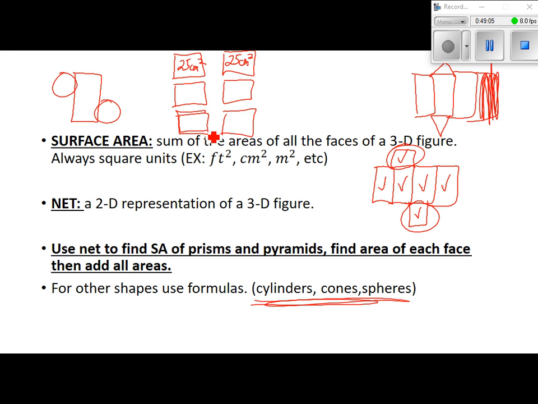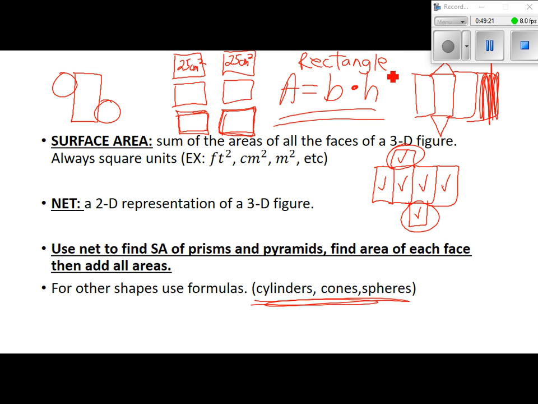What shape is each one of these? Rectangles. And the formula for area of a rectangle is base times height. You might want to write that down somewhere, just to make sure you remember it. What's the formula for area of a triangle?